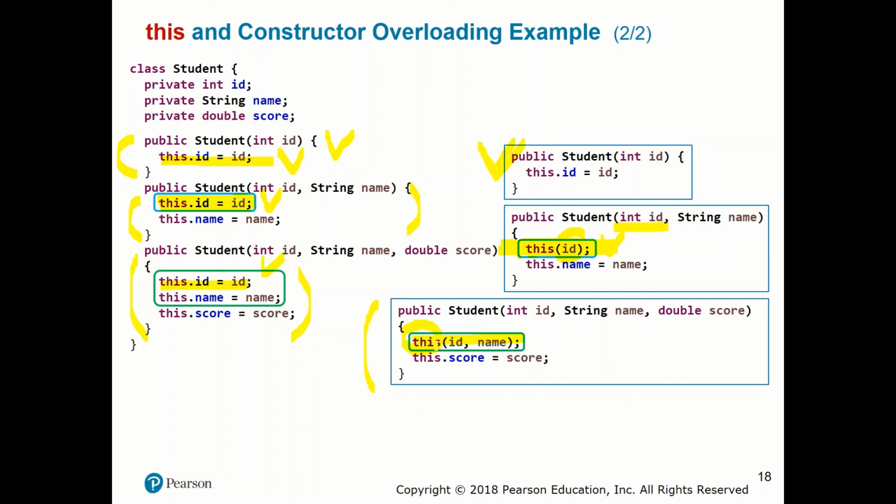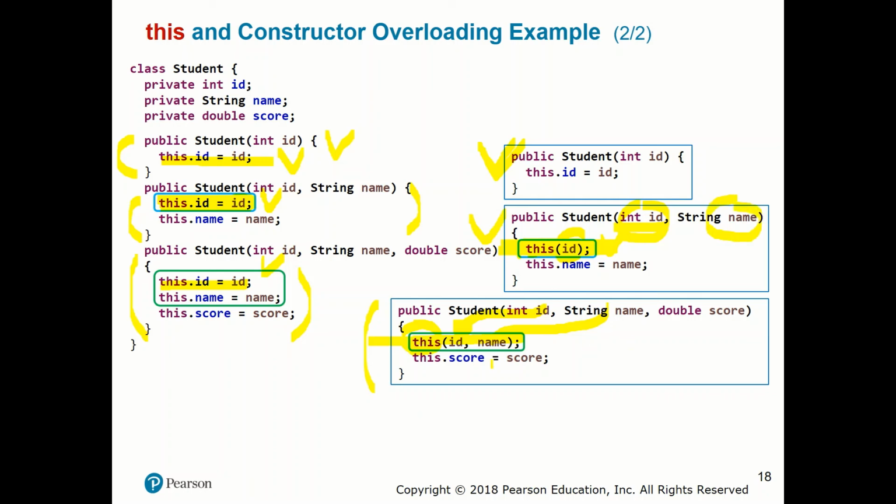Another constructor which has an integer id and a string parameter. Then at this line, the second constructor is called automatically because the second constructor has an integer id and a string parameter, right?